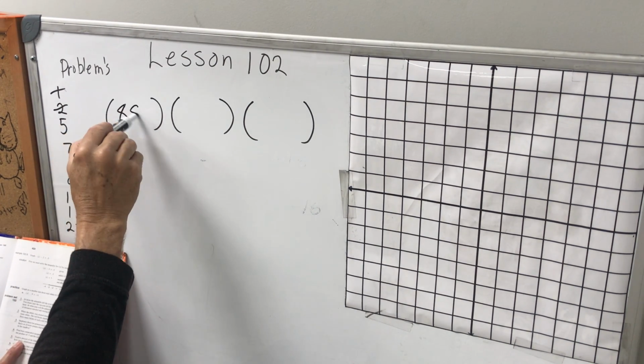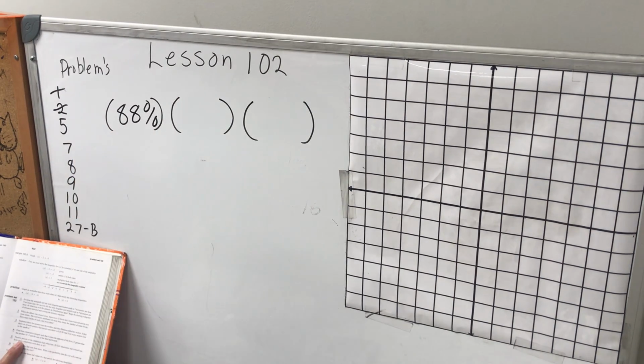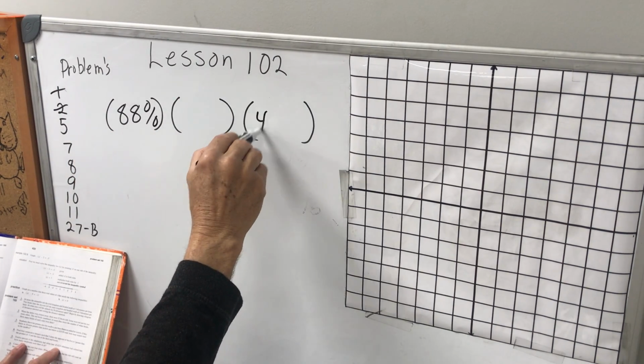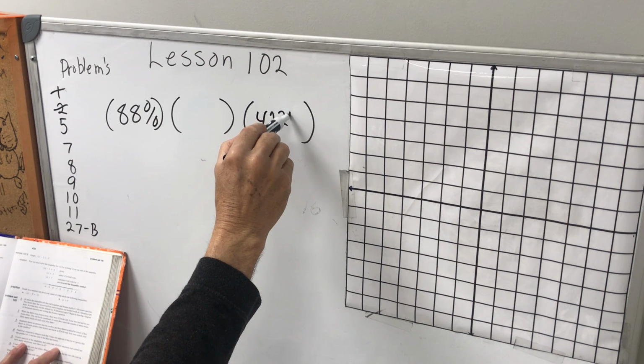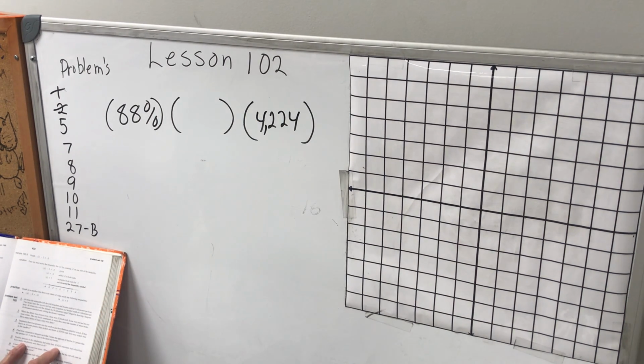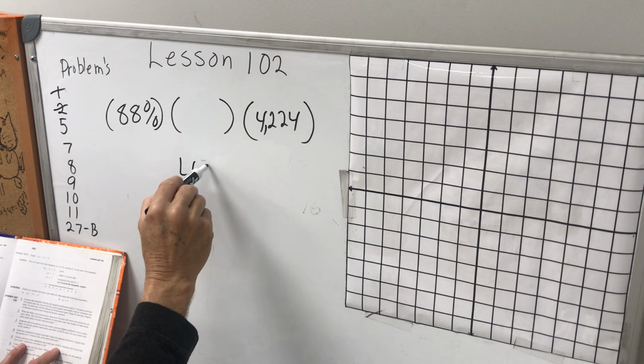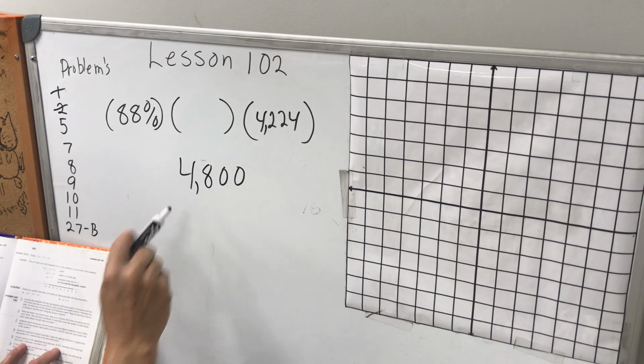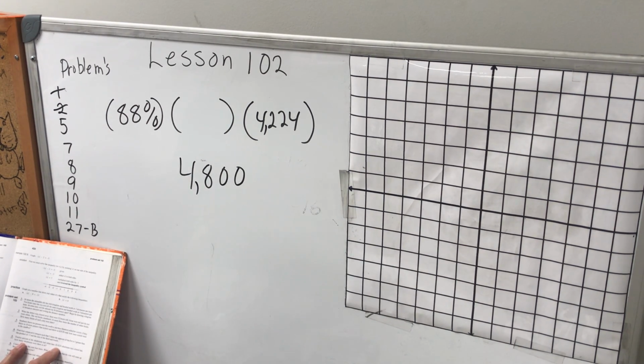Is that right? So the opposite of that is 88% had 4,224. Do our math. 4,224 divided by 88% equals 4,800. Is that what they're asking for? How many were there in all? True. There you have the answer.